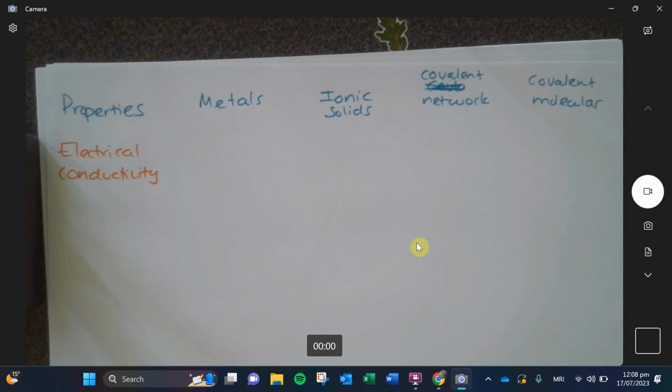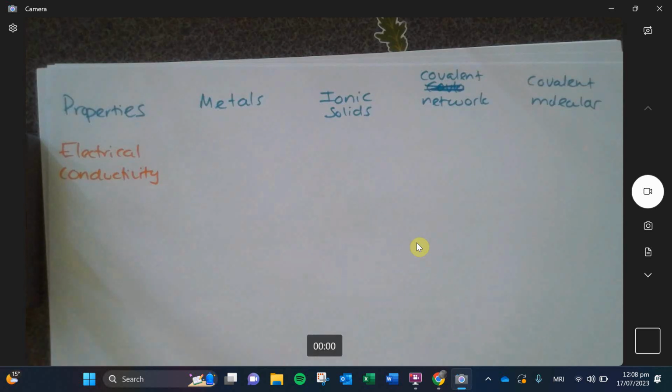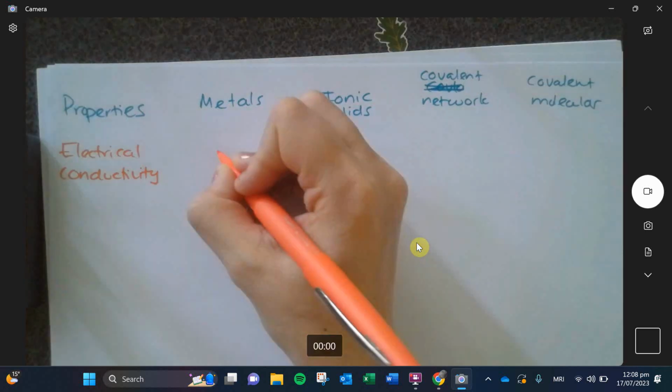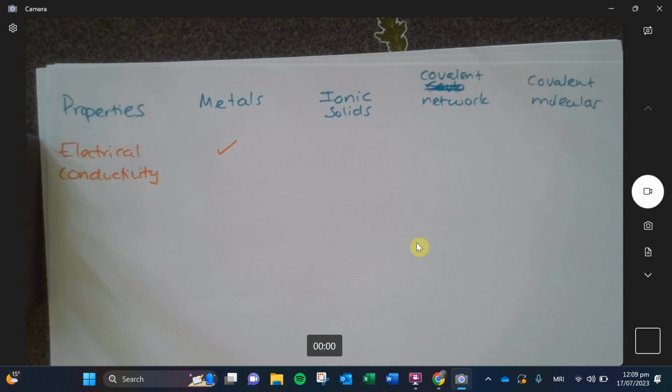So electrical conductivity, that basically means, will it carry an electrical current? Could I wire it up and run electricity through it? Are we good so far? Right. If we are thinking about metals, do metals conduct electricity? Yes, that's pretty straightforward. We know that's a yes.